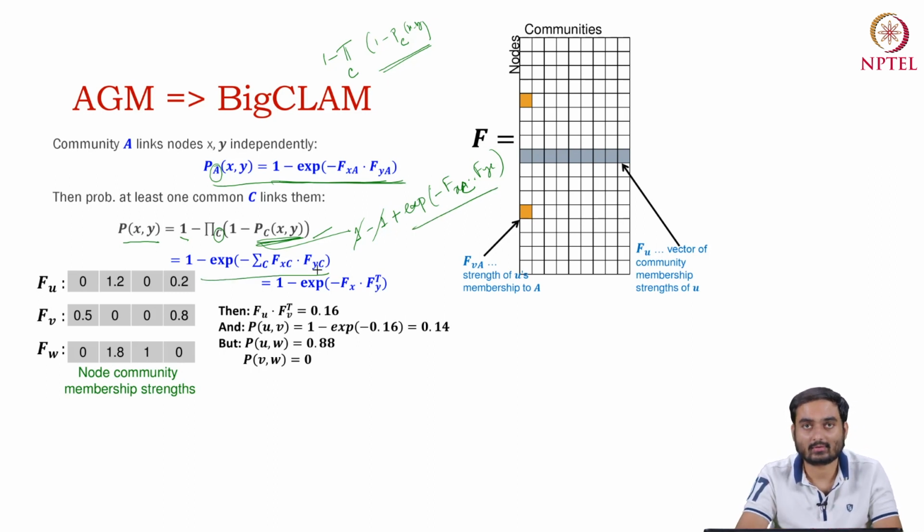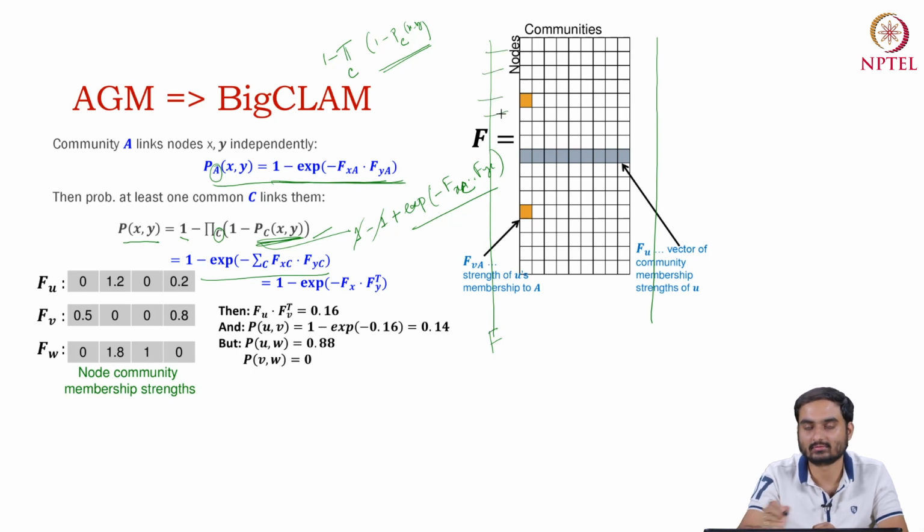Okay. Now you can think of this F as a big bulky matrix like this, where rows are nodes and columns are communities. Okay. Let us say this is node x. This is community 1, community 2, dot dot dot community mod C. And what is this one?